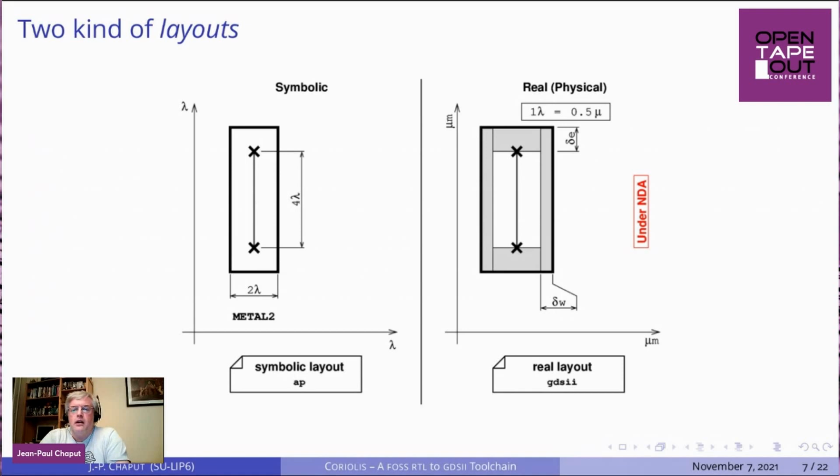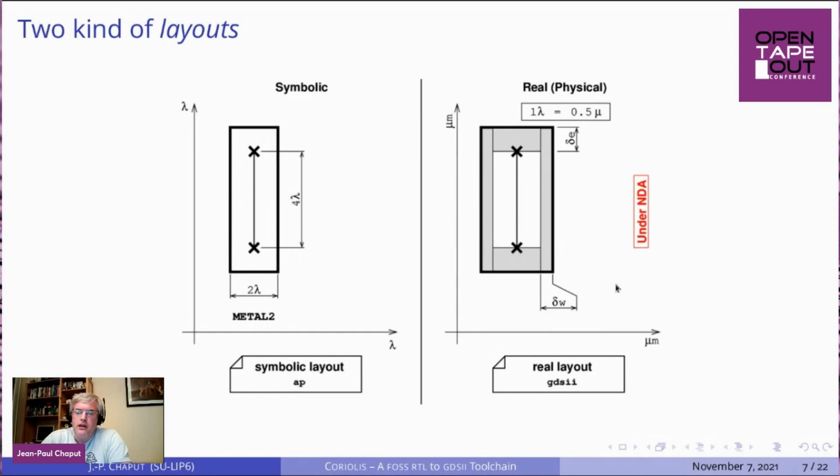So, as I said, the layout is a big problem, and the right side is the real layout, which is in their NDA most of the time. A notable exception is Skywater 130, which is not in their NDA, so you can access that, but most of the time you don't have access to the right side.